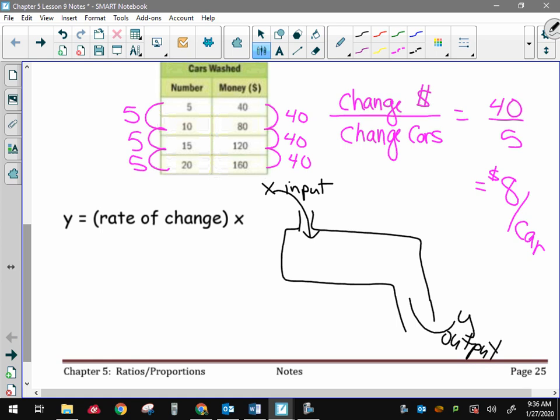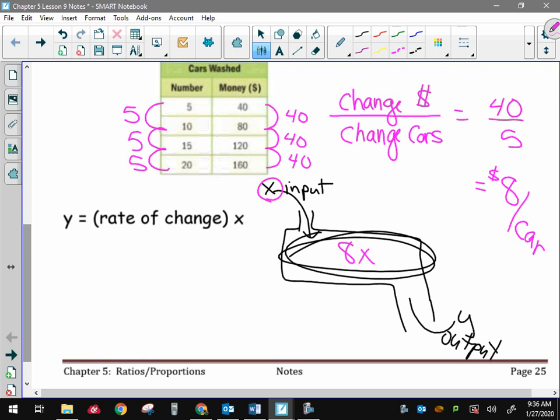If 50 cars come through, what do I have to do to that 50 to tell me how much money I made? Cole. Yeah, multiply it times 8.